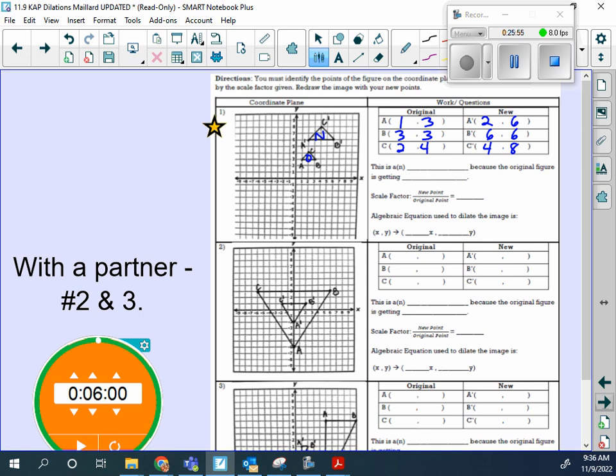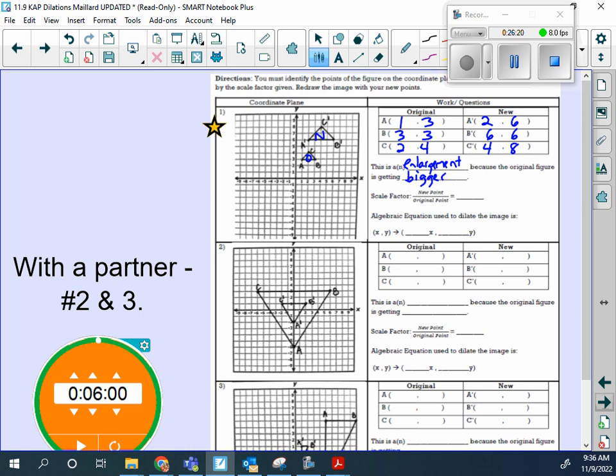Okay, and now let's fill in this sentence. This is a or an blank because the original figure is getting blank. What would you say? This is an enlargement because the original figure is getting bigger. Good.